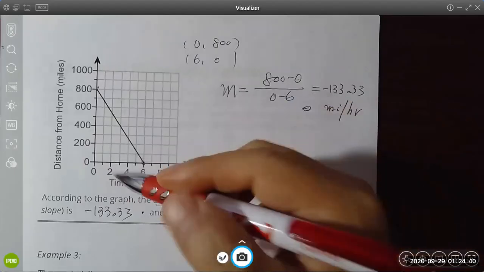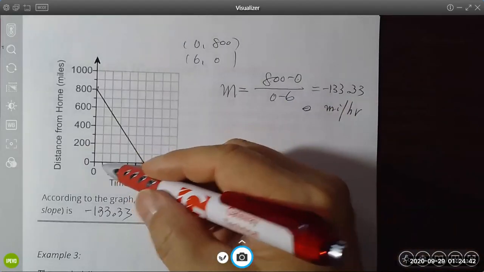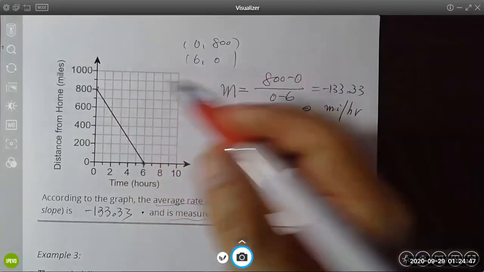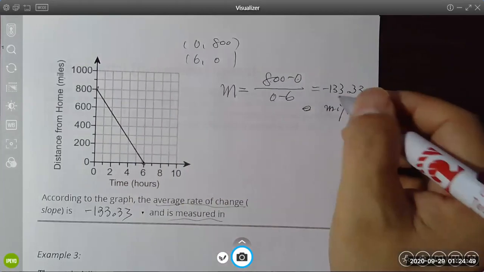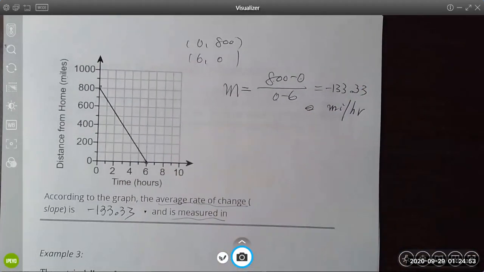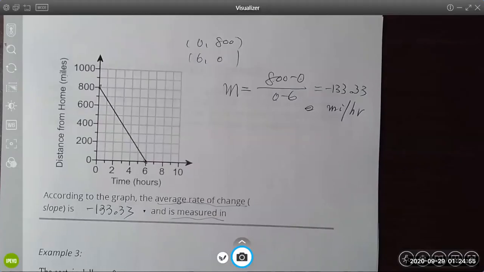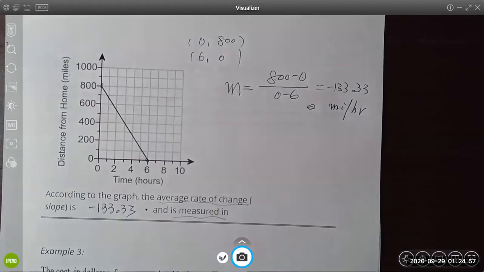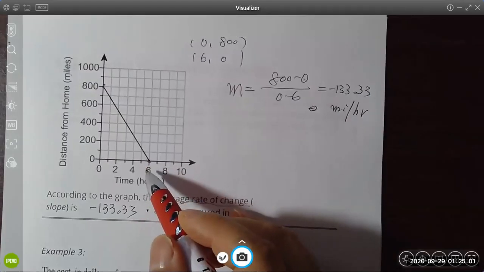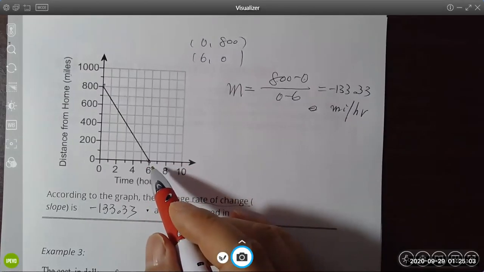That means whenever you have 1 hour passed, the distance to home will decrease by 133.33. In other words, this person is driving home from a place that is 800 miles away. Every 1 hour passed, maybe not driving, because a car cannot go this fast. Maybe it has been a train or something else.